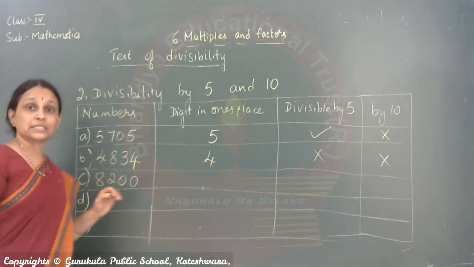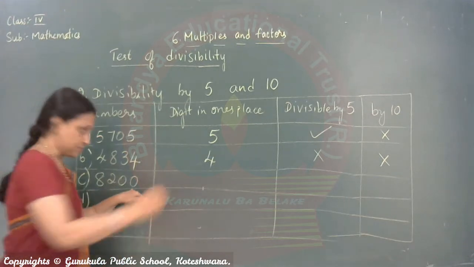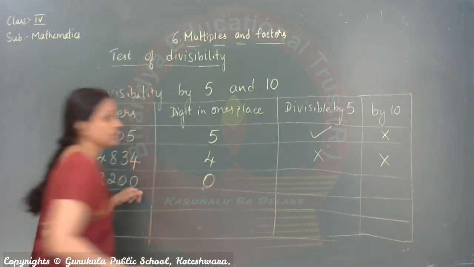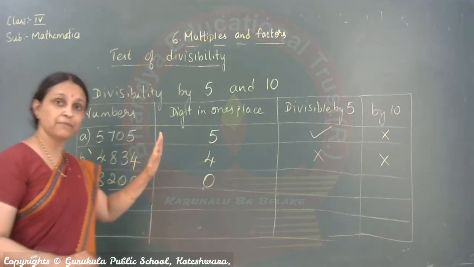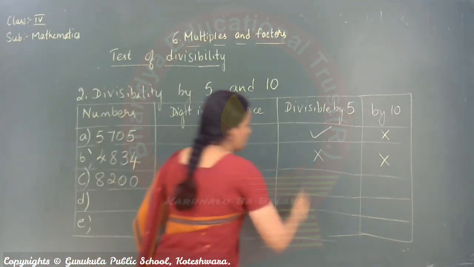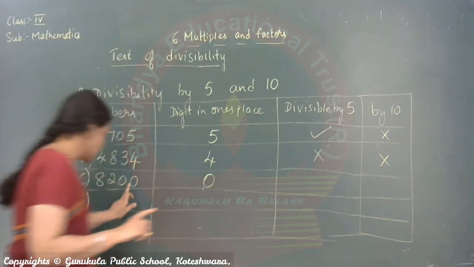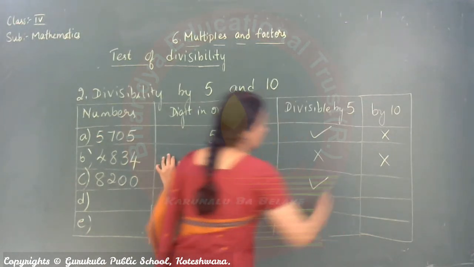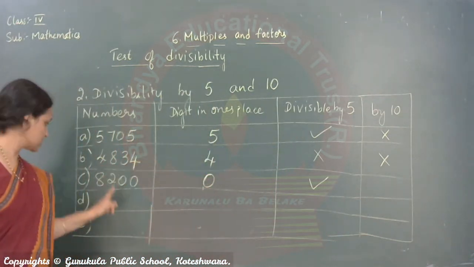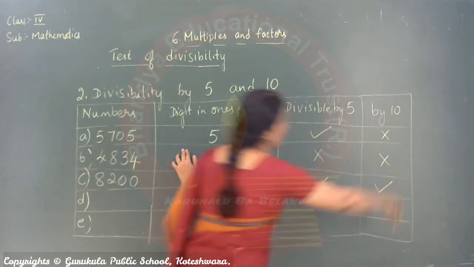8200. Yes. Is it divisible by 5? 0 is the last number. Number in ones place. Is it divisible by 5? Yes, because we need either 0 or 5 in ones place. So it is divisible by 5. By 10, of course, last number is 0. So it is divisible by 10.